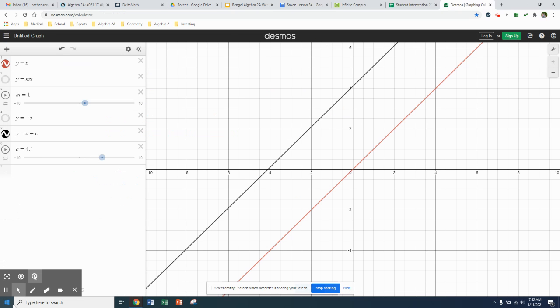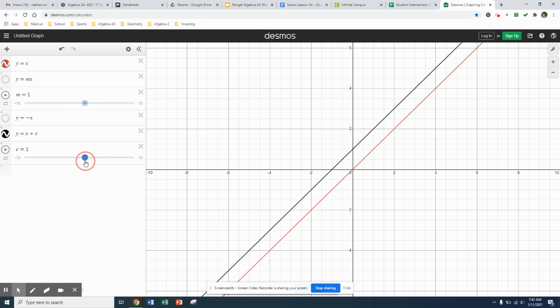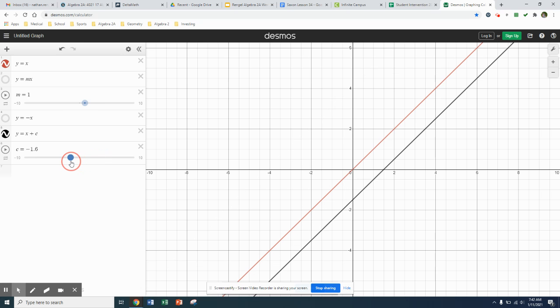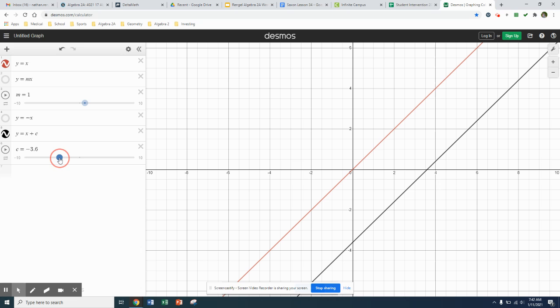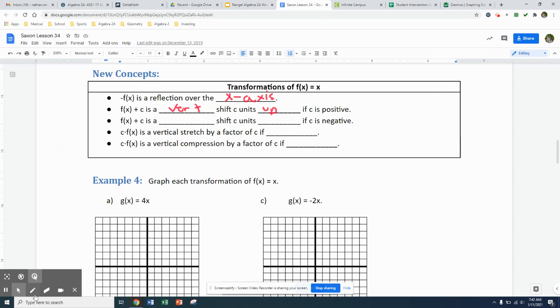And if I make c negative, so if I make that y-intercept negative, we can start to see where that is moving my graph. So if c is negative, that is going to shift it vertically down.